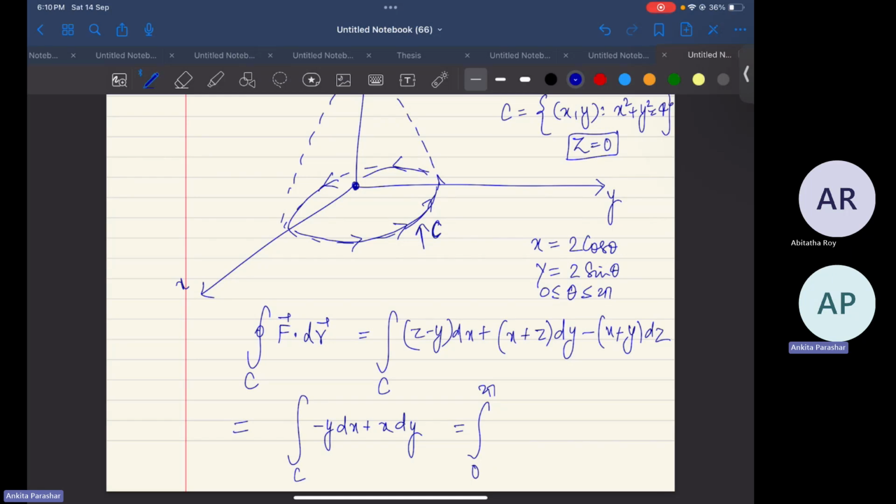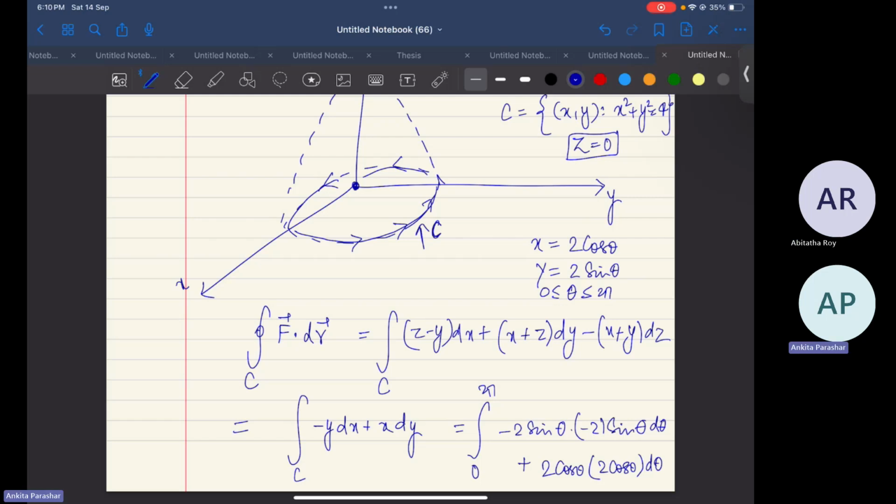Right. Okay. So from 0 to 2 pi, y is 2 sin theta with a minus sign, so minus y dx is 2 sin theta times 2 sin theta d theta, plus x is 2 cos theta, and dy is 2 cos theta d theta. Is this okay? It is 4 times sine square theta plus cos square theta.